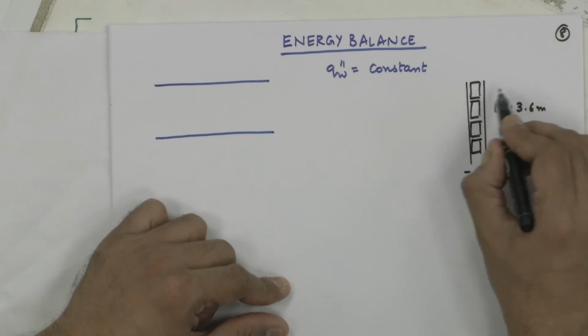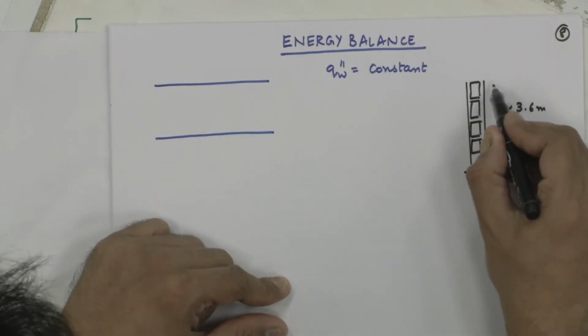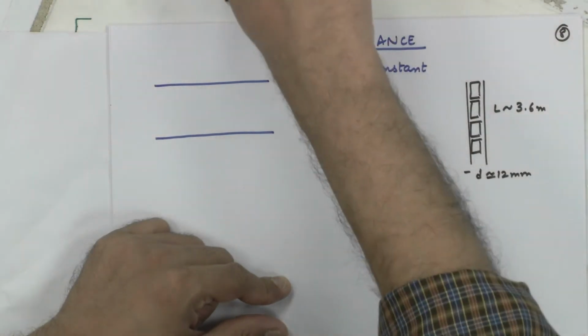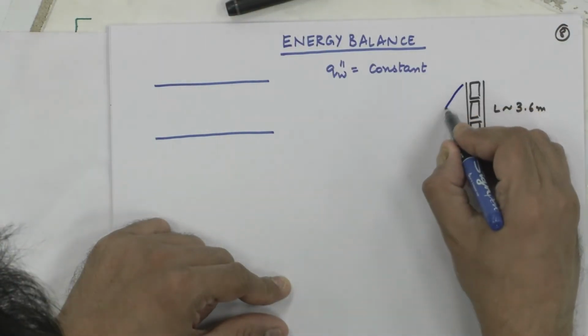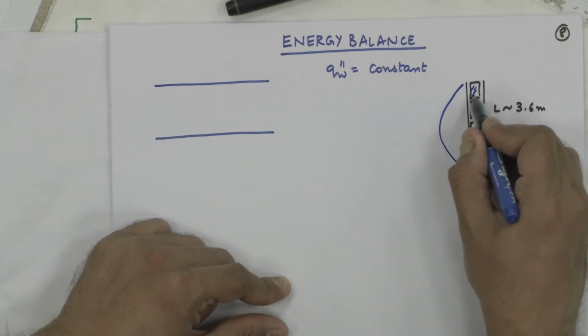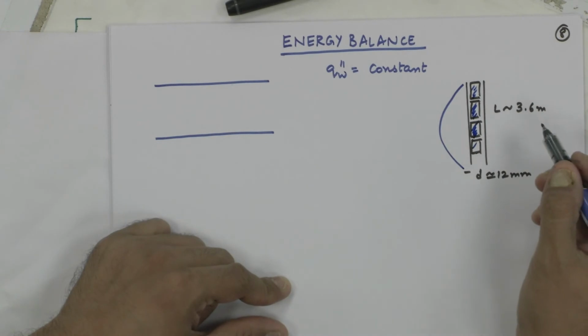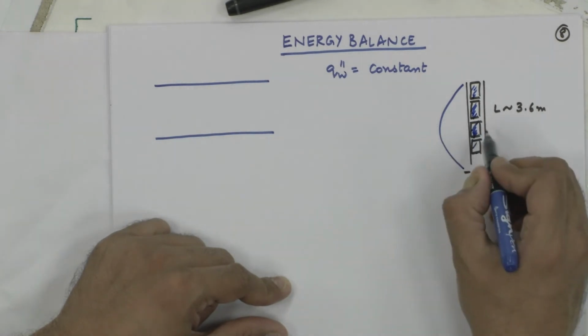The fuel rod is not generating uniform heat. It is generating power which is going to vary sinusoidally, typically like this. How is this obtained? This is obtained by giving various pellets of different enrichments, and so on and so forth, so that I get a profile like this.